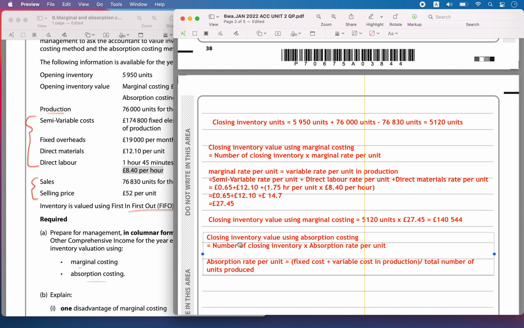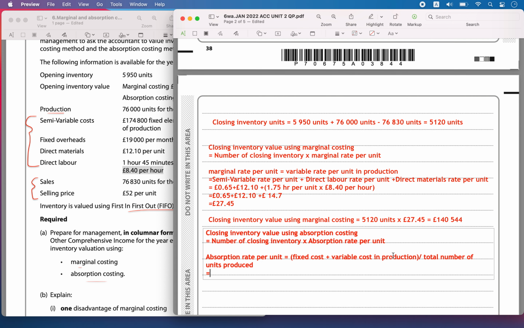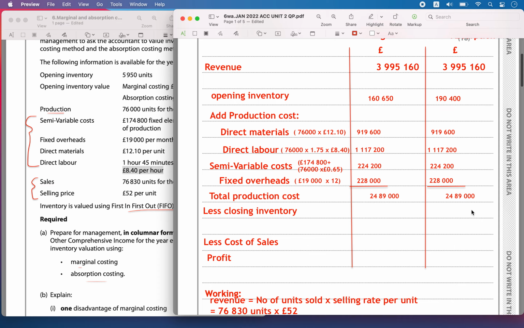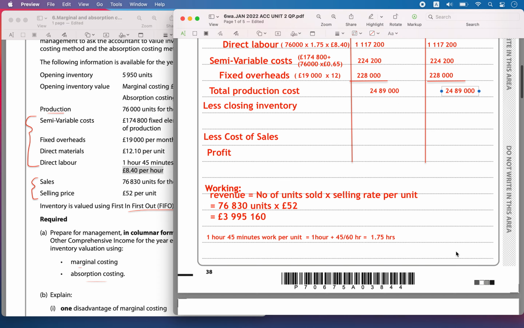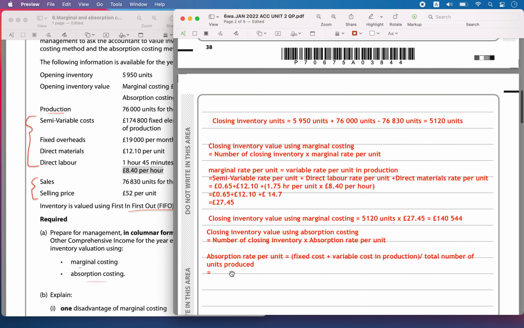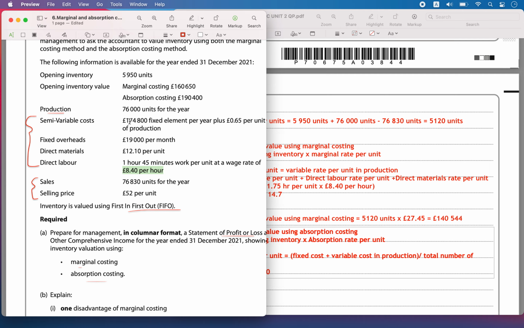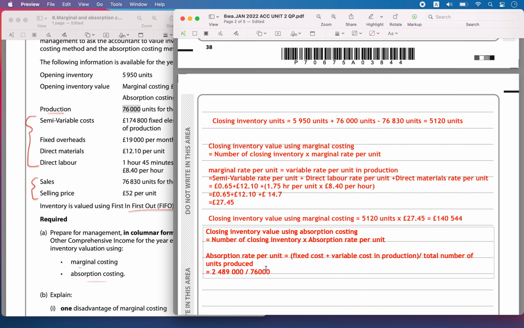Here we know that the fixed and variable cost in production added up to 2489,000, divided by the number of units produced, which was 76,000.